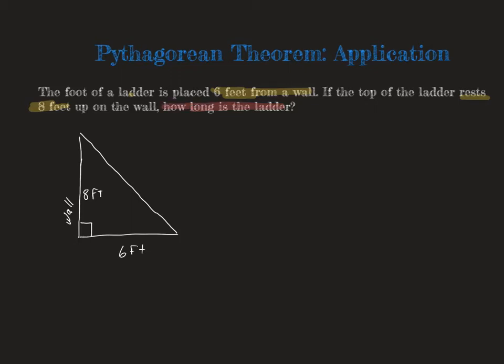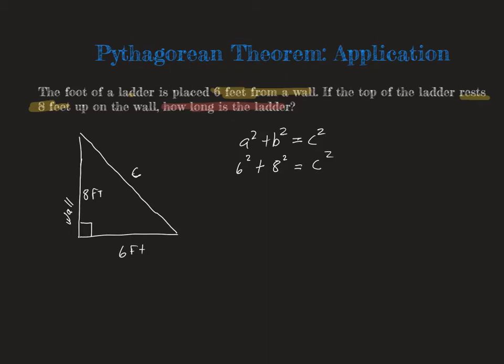So we're going to set it up. We're going to be looking for our C. So we have a squared plus b squared equal c squared. Now we know that a is going to be 6 feet and b is going to be 8 feet, and that's going to be equal to c squared.